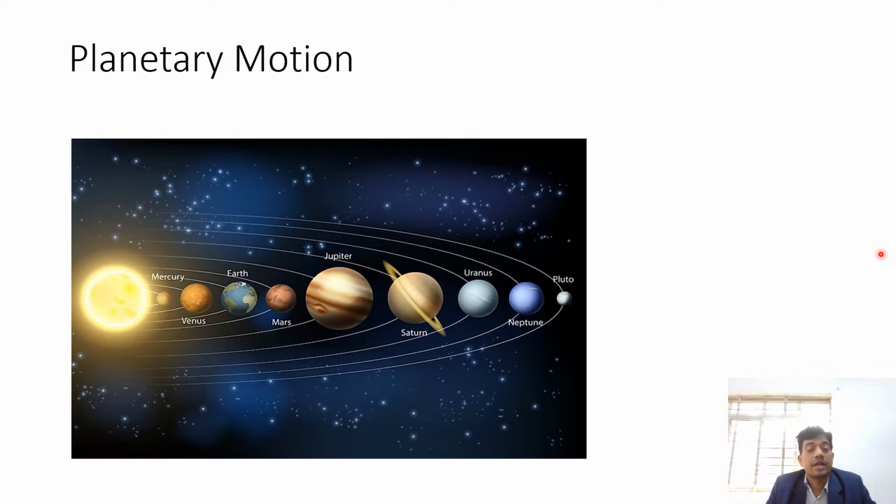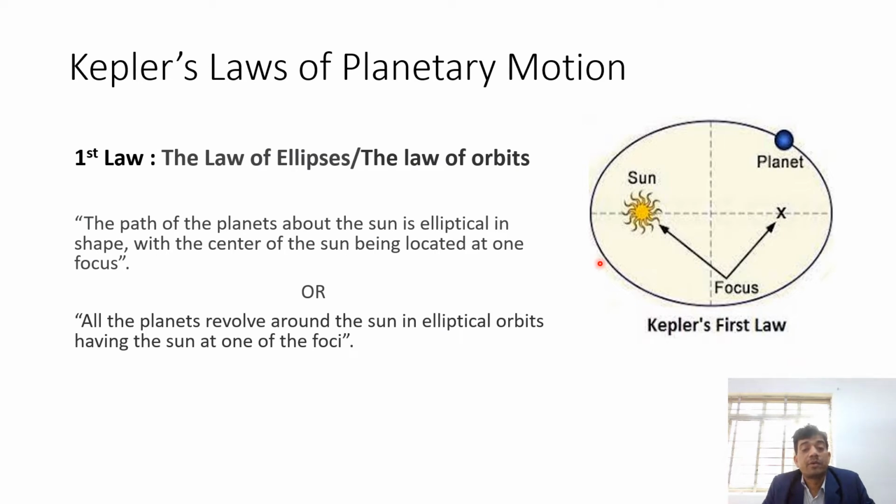So regarding the motion of the planets around the sun, you have 3 laws given by Kepler. So, Kepler's laws of planetary motion. First law is called the law of orbits, or you can say the law of ellipses.